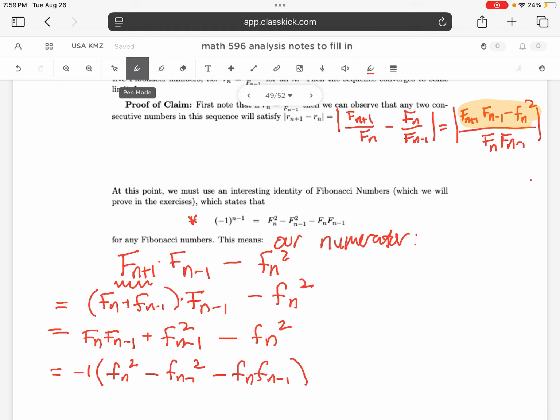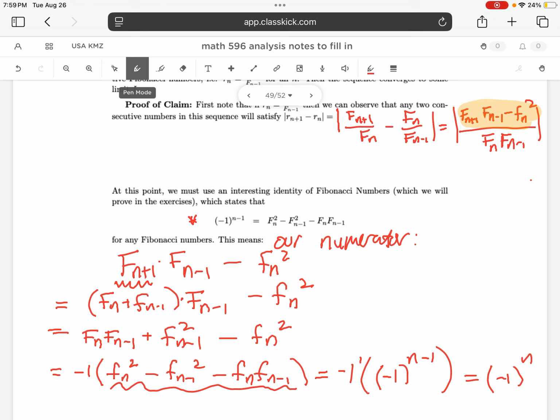And now our identity applies right away. Inside the parentheses, by our identity, this is equal to (-1)^{n-1}. And when we multiply (-1)^{n-1} times another factor of negative 1, this really is n copies of negative 1, so (-1)^n.